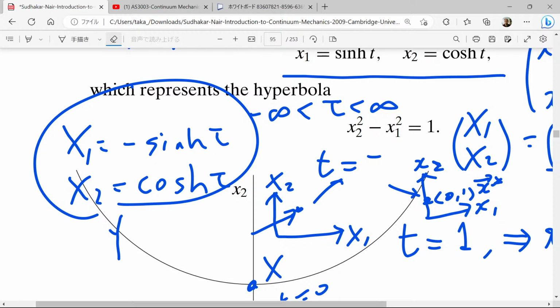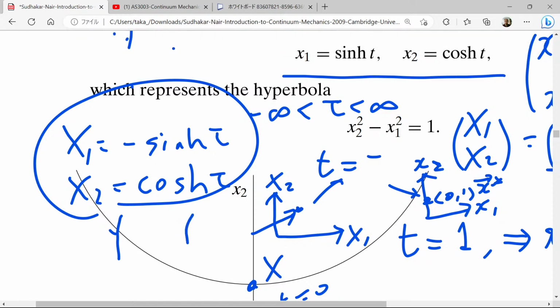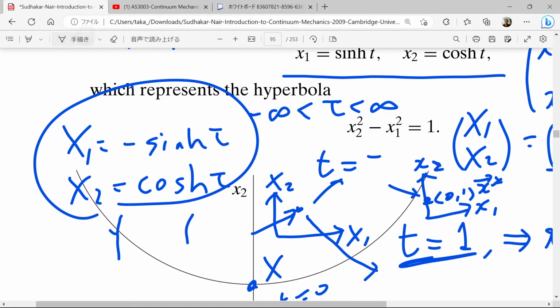Then we want to know these two points. Where is this point or particle at t equal 1? This is what we want to know.